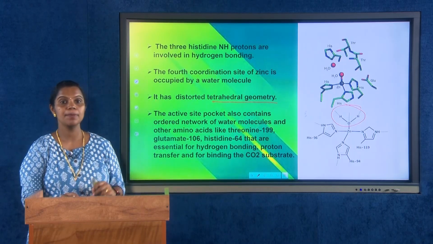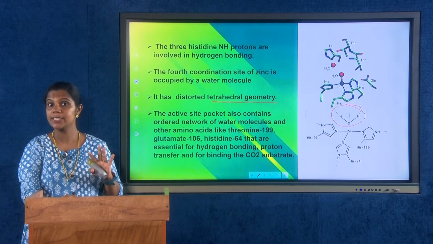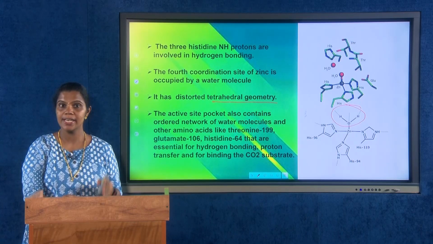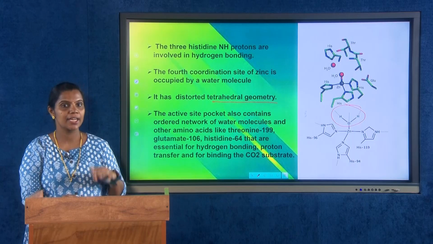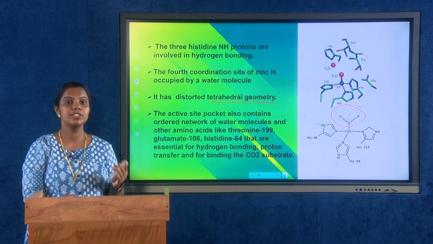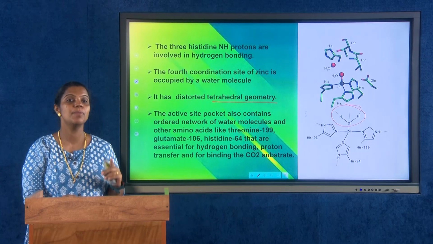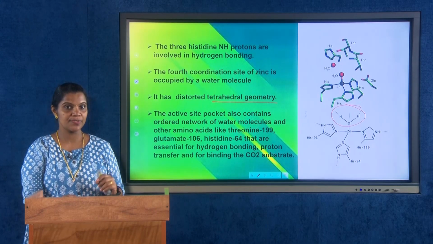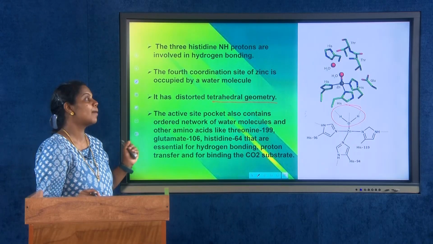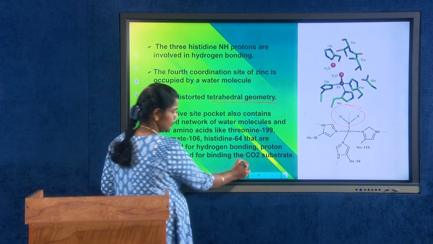The active site pocket also contains an ordered network of water molecules and other amino acids like threonine 199, glutamine 106, and histidine 64 that are essential for hydrogen bonding, proton transfer, and for binding the carbon dioxide substrate.